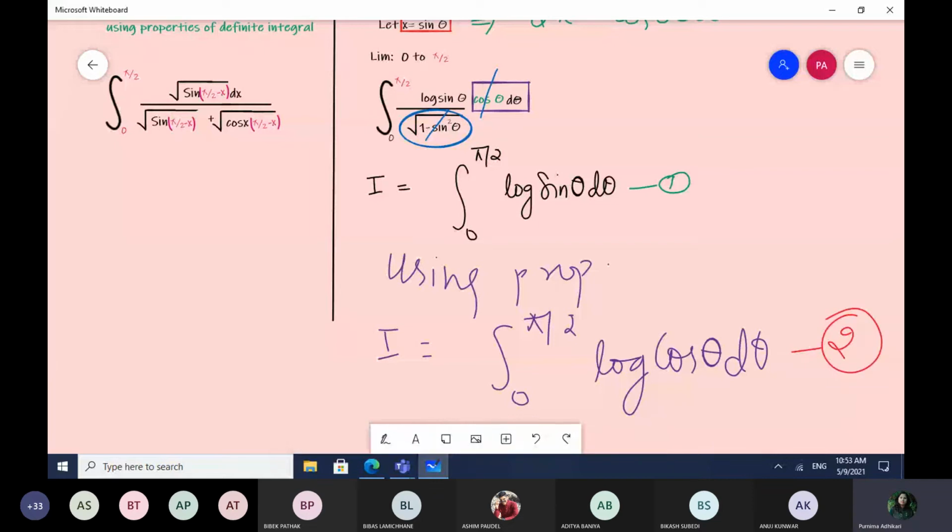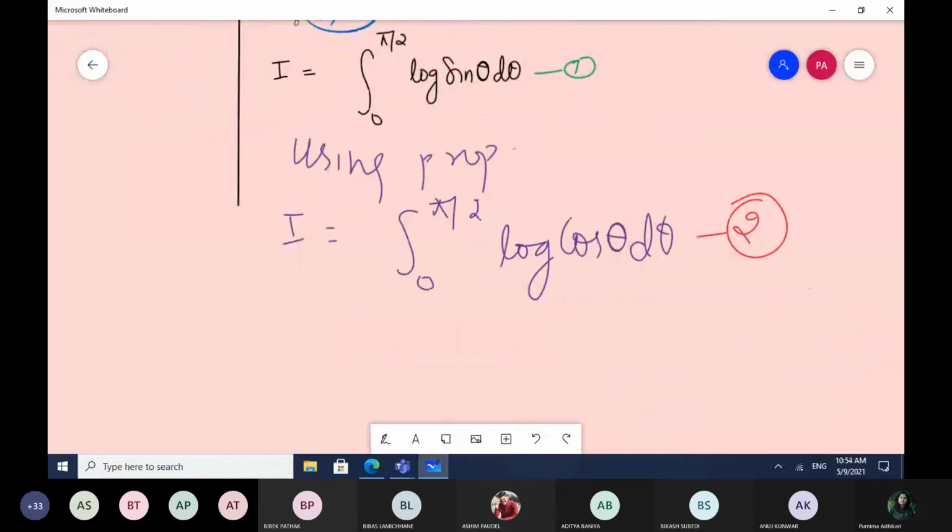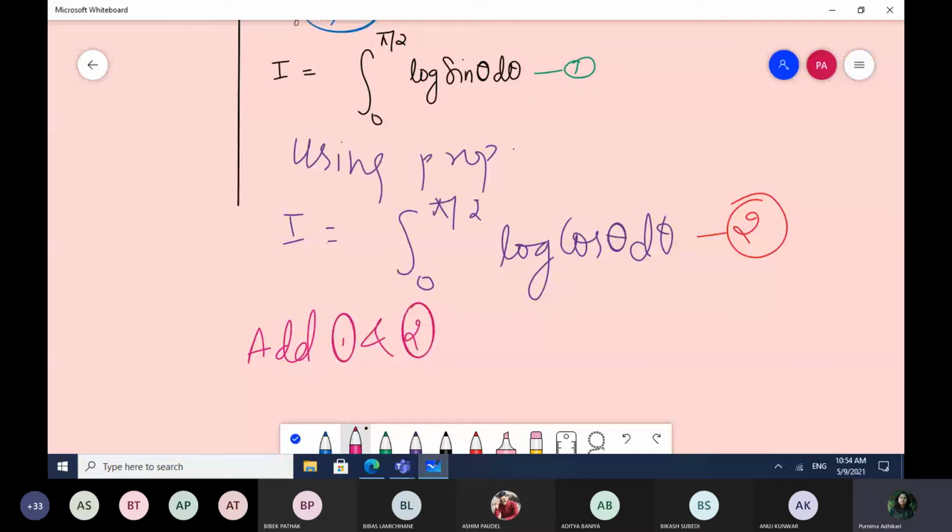What will be your next step? Let's add both equations, equation number 1 and 2. After adding, what are we going to get? 2I equals integral 0 to pi by 2.